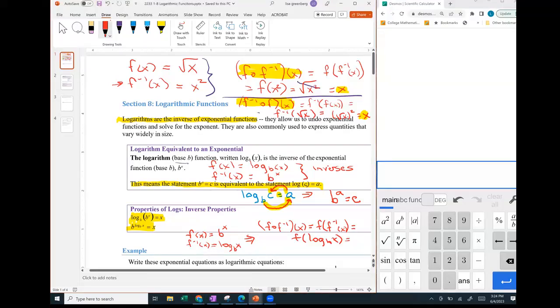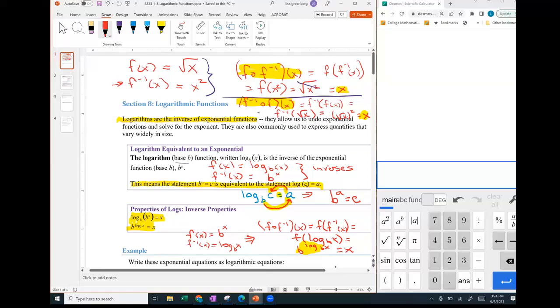I plug that into my function, which is b to the power of log base b of x. If they're inverses, these cancel, and I'm left with x.